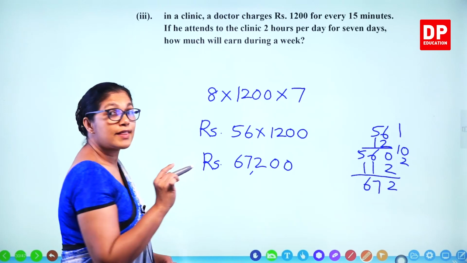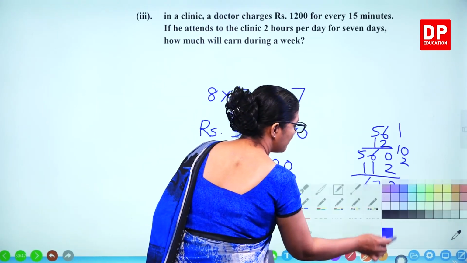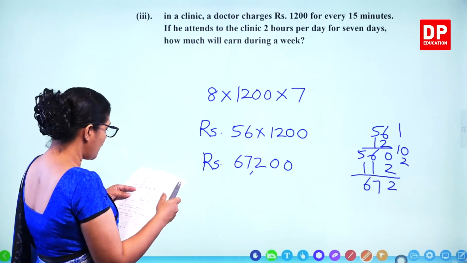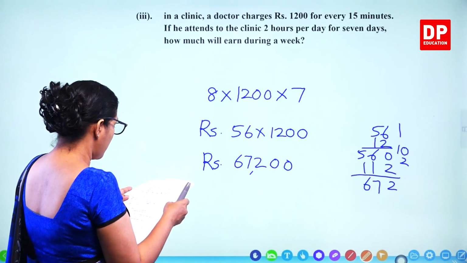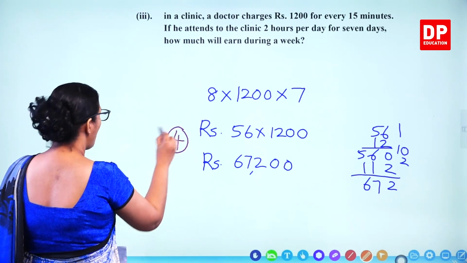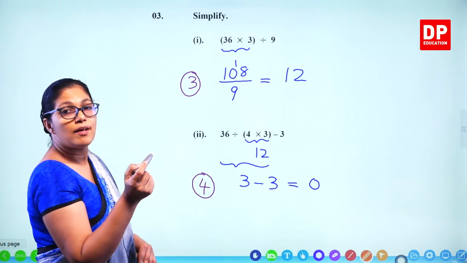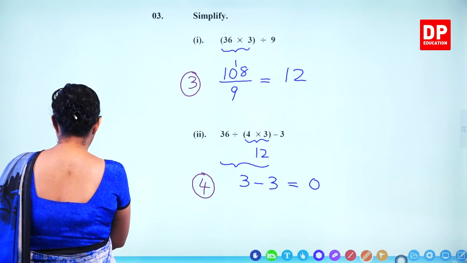So 67,200 is the total earning. How many marks for that one? You are getting 4 marks for that. So we gave 4 before, 4, 3, altogether 11 marks.